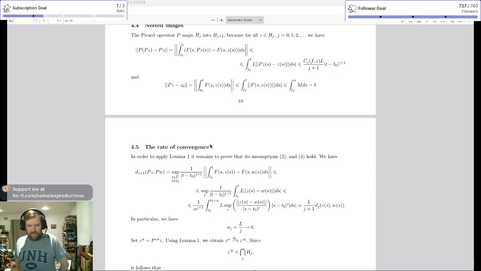We have d sub j plus 1 of pz pw is equal to the supremum, where t is on u bar but not t0, 1 over t minus t0 raised to the j plus 1 times the norm of the integral of, as we go from t0 to t on f of s z of s minus f of s w of s ds, which is less than or equal to the supremum argument.